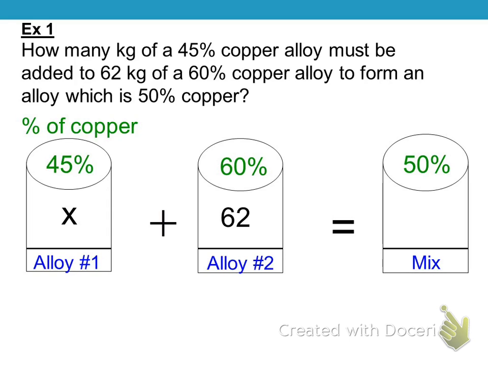Now, the amount that I have will be what? X plus 62. Good, because however much of this I have, poured into however much of this I have, that's how much the mixture will have. Perfect. Do we have to call these every time? Yes. Okay, what are your questions?